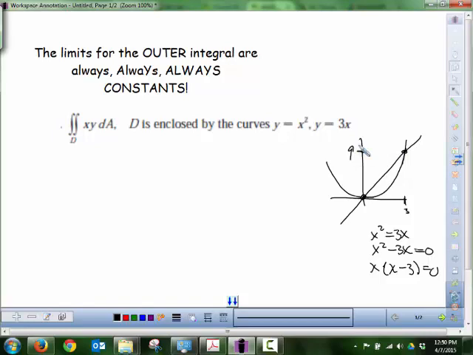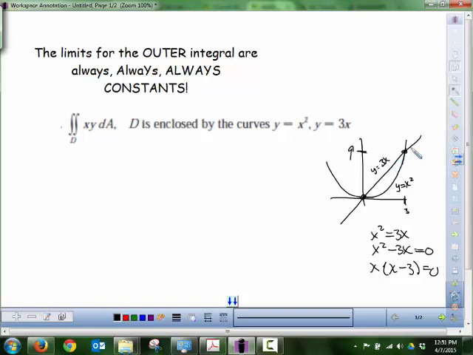Okay? By doing that legwork in the beginning, you get an idea of how you might approach this. All right. At this point, we still have a choice as to which variable we want to integrate with respect to first. We can set this up in two different ways.